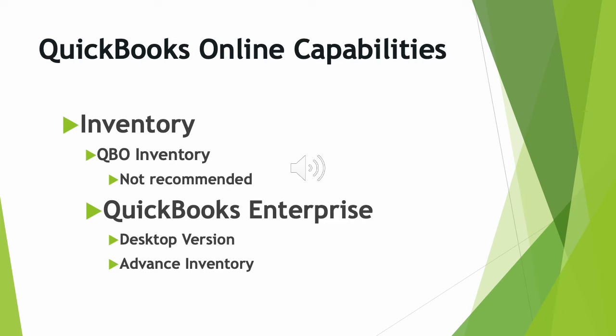QuickBooks Online inventory is very particular about the things that you're able to edit. And that's where problems come in because you are not able to adjust your inventory correctly. If you're thinking about keeping track of your inventory, then you probably need to move over to QuickBooks Enterprise, the desktop version.